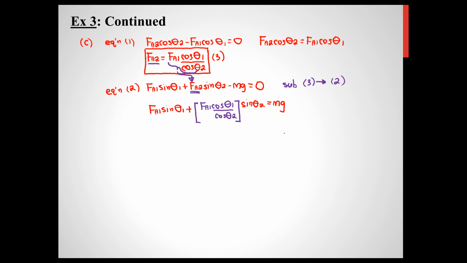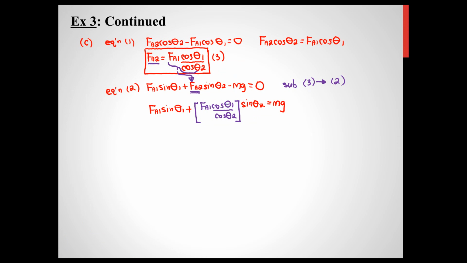Now, this looks a little bit tricky to deal with initially because I now have a denominator of cosine theta 2, and if I want to solve this correctly, I would technically need to get a common denominator for every single term, but I really don't want to do that. So there's actually a trig identity we can sub in here that will allow us to avoid having to deal with a complicated common denominator.